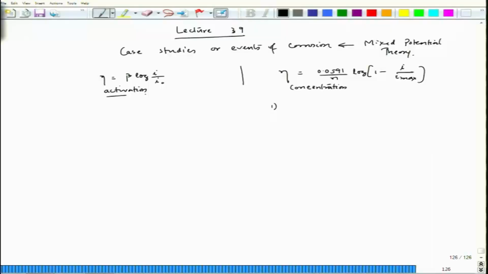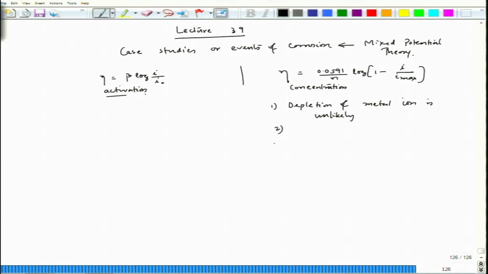So, there would be enough supply of metal for the formation of metal ions. So, the depletion of metal ions is unlikely.